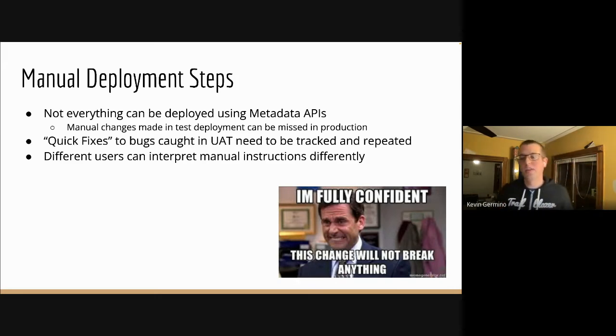So you need to make sure that every time you fix a bug during UAT, you are integrating it into the change that will go to production. There's a few different ways of doing that, but you need to make sure that that change is covered. And again, you need to make sure that whatever manual instructions you have are clear and concise and can be interpreted by multiple people the same way.